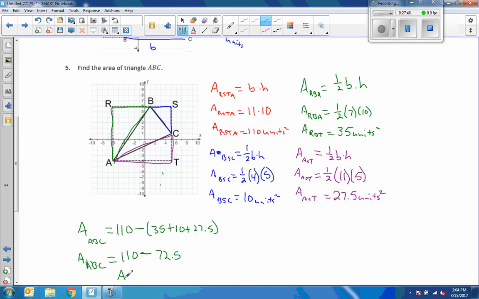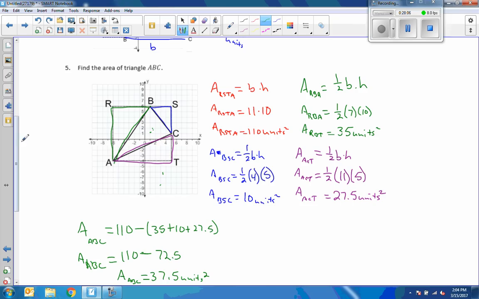So the area of triangle ABC equals 37.5 units squared. So that's this piece right in the middle here.